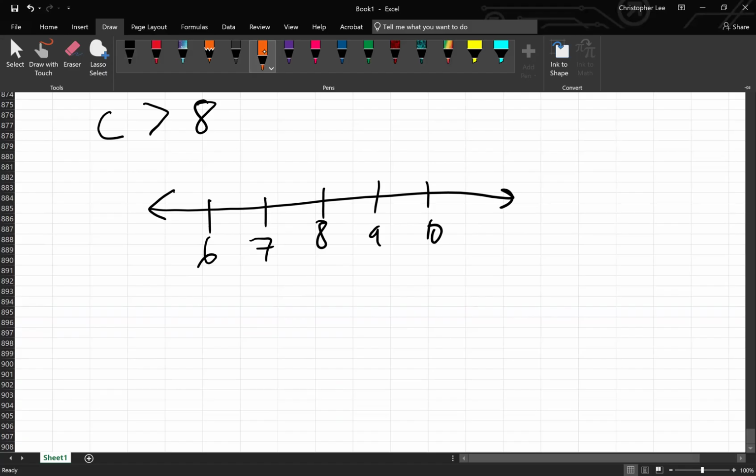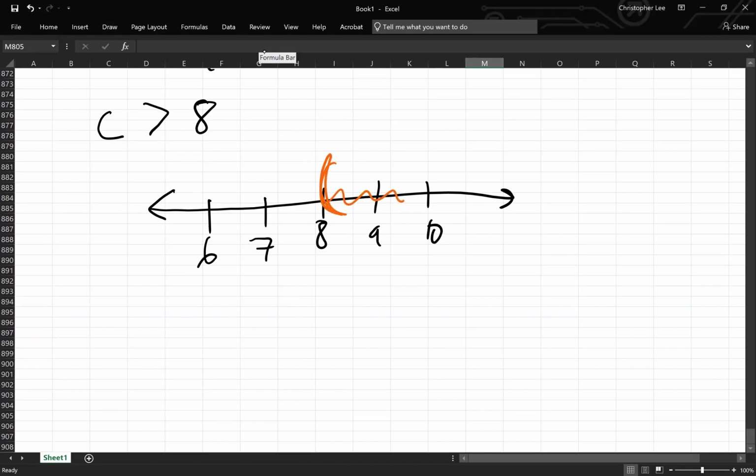So this is going to be an open parenthesis. And then that's it. Now let's talk interval notation. This is the hard part right here, right? So we're going to have open parentheses 8. We're going to go over to infinity and then close parentheses. That's it.